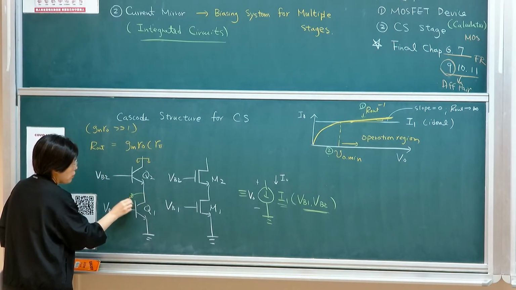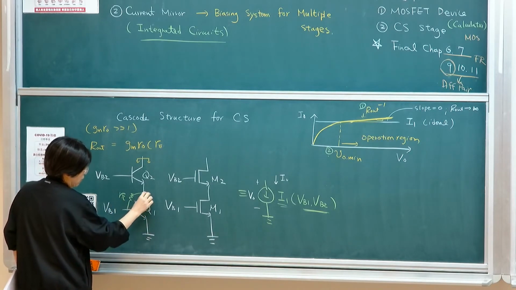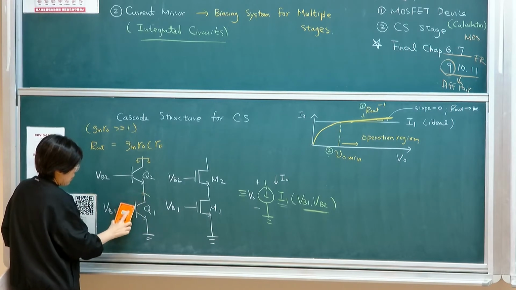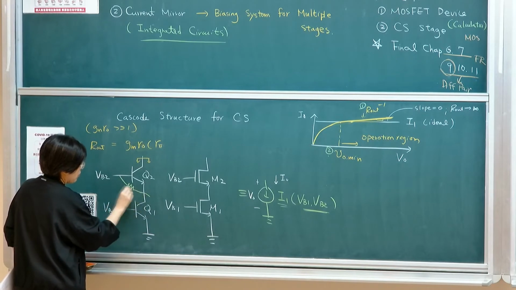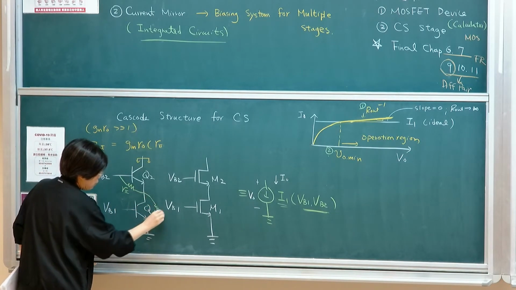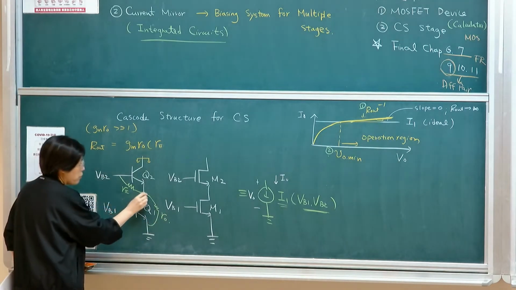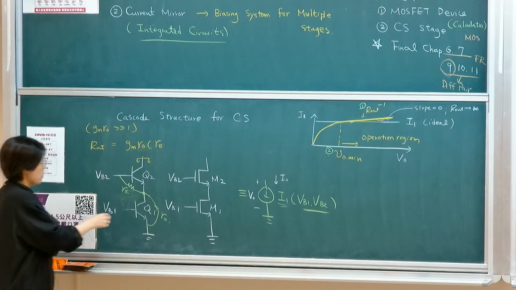So there are two. One is this, r pi. The other, sorry, this is r pi, and this is ro. Okay? So if I'm looking down from here, at this particular point, there are two resistances in parallel.